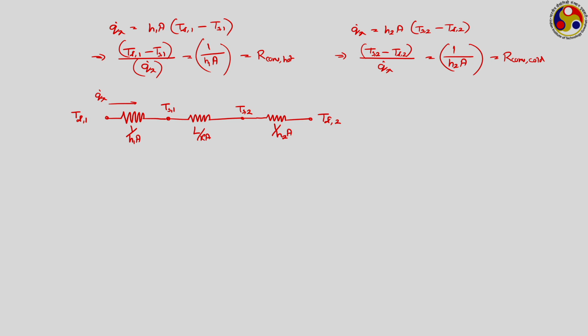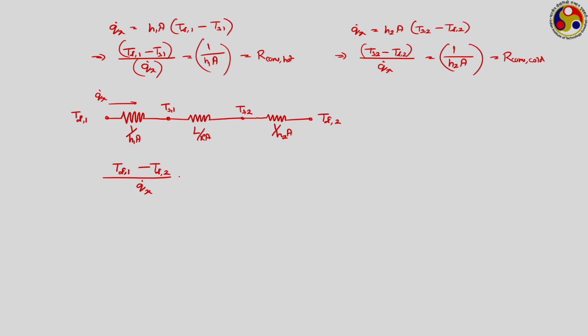We can now write a generalized expression of (T infinity 1 minus T infinity 2) upon q dot x. Now, T infinity 1 minus T infinity 2 is the overall temperature difference because of which this heat transfer is happening, and that heat transfer is q dot x only.